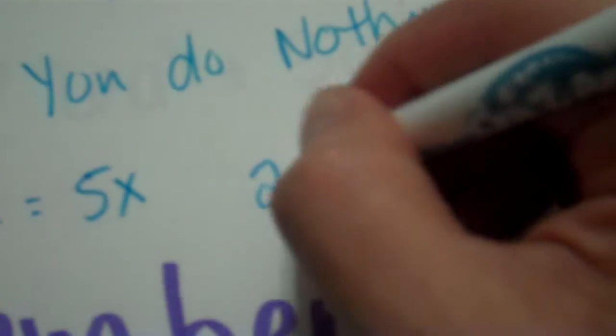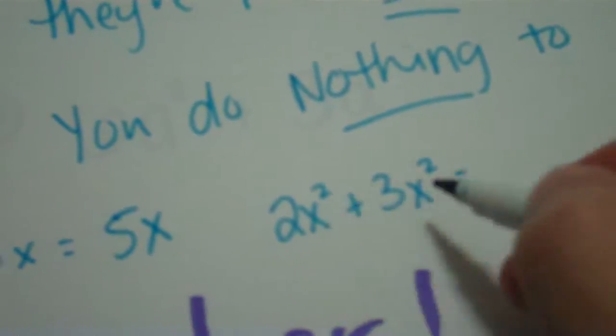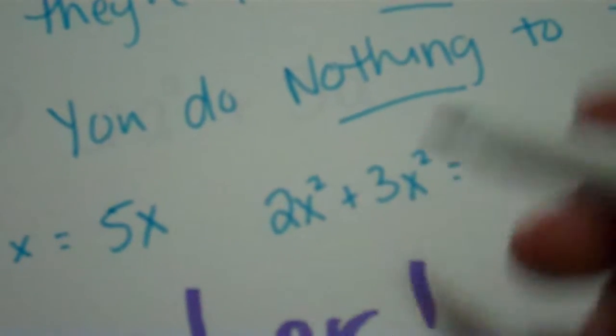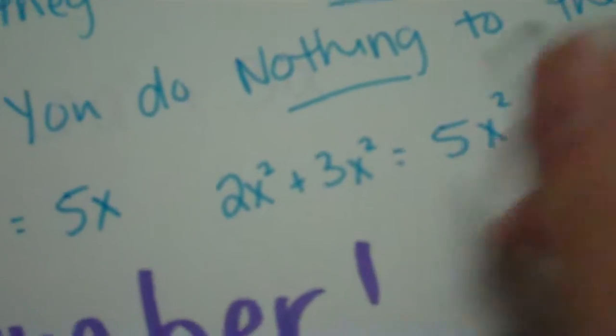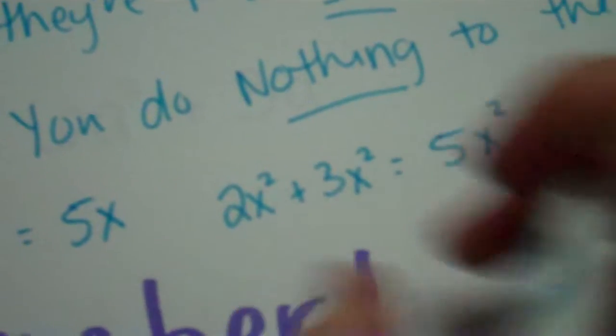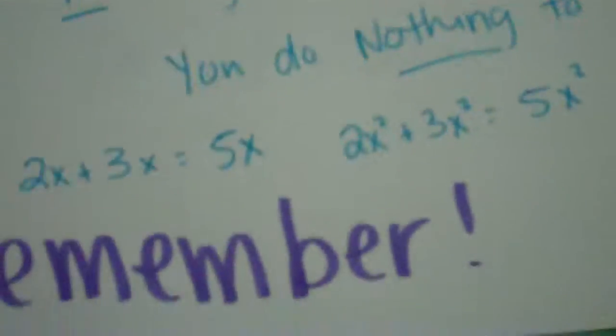So if you had 2x squared plus 3x squared, yeah, again, you don't have to write this, you're just looking. These are both x squareds, so I can add them. So 2 plus 3 is 5 x squareds. You don't add the exponents or anything. You don't do anything, you just rewrite them. Okay, just like what you've done before, but now we'll have some exponents there.